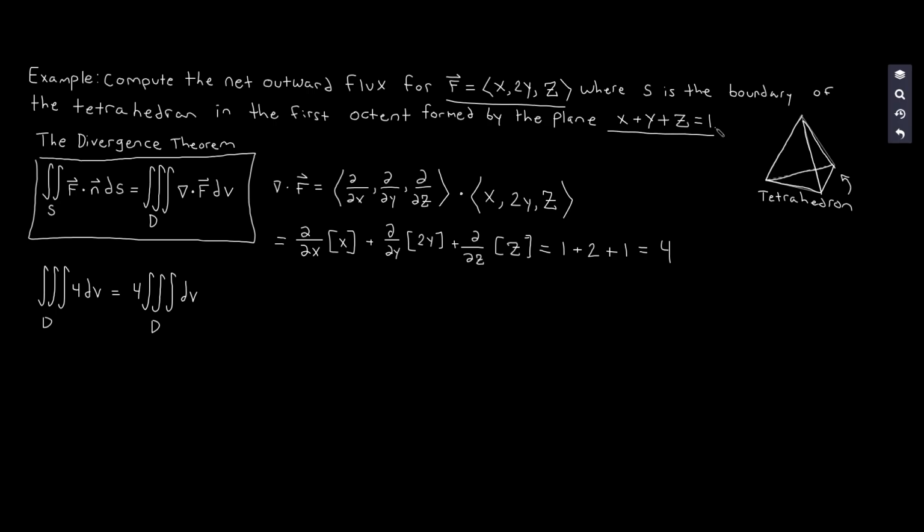So I take my plane x plus y plus z equals 1, and I figure out what that looks like in the x and y plane. If I want to figure that out, I set z equal to 0.